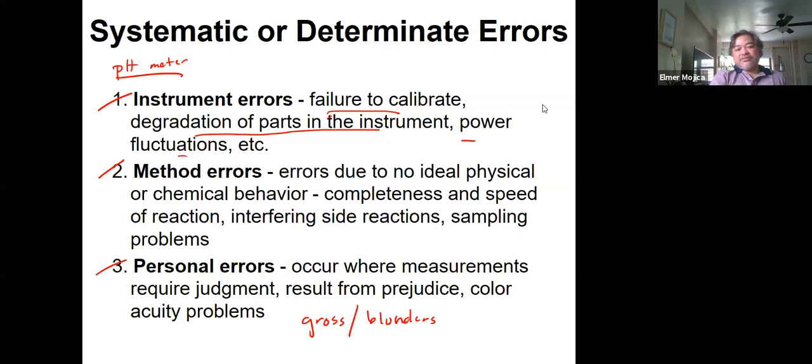Now, the last determinate error is the so-called personal errors. Okay. So how are personal errors different from the gross errors or the blunders?